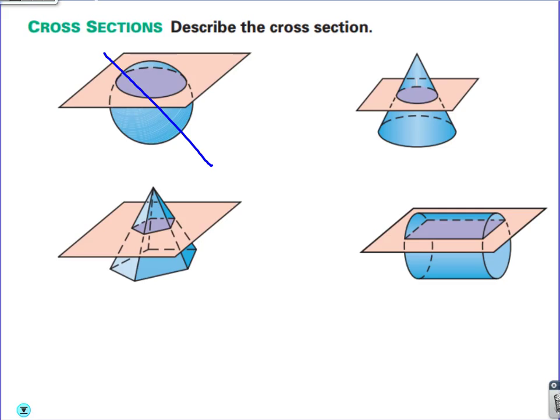Second one, you got horizontal to the base. You got a circle there. Third one, is this now? I'm glad you said that. Now you got me started thinking. Is this similar to the base? Because think back.